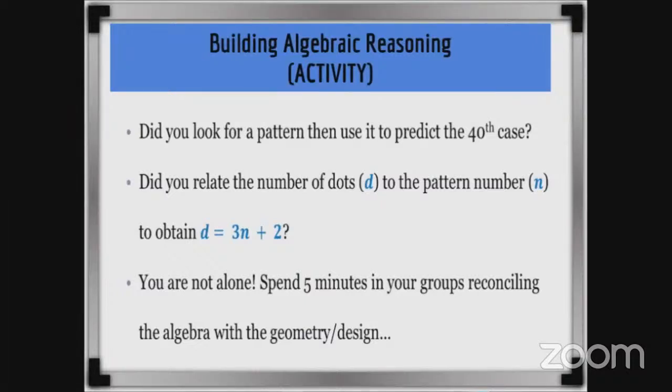So D, the number of dots, equals 3n plus 2. And I hope we could have worked that together, but I'm having very little conversation from my group here.